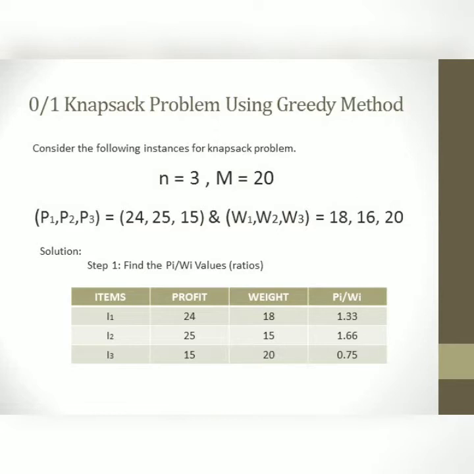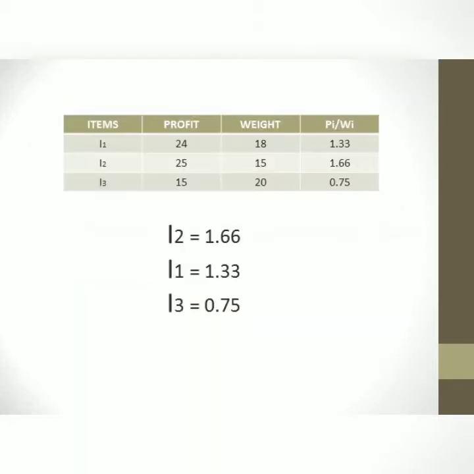Once we have found the profit by weight ratios, the second step is to arrange the values in decreasing order, which means descending order. From these values, we can see that 1.66 is the greatest, then 1.33, and the last is 0.75.